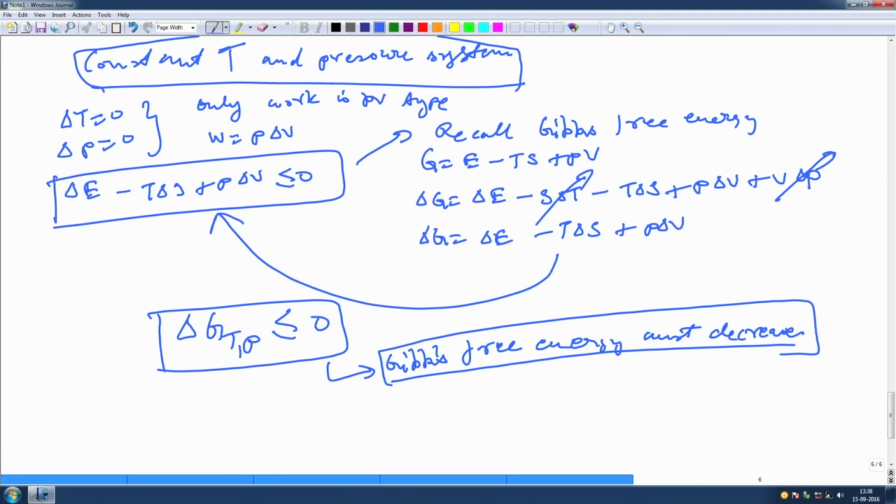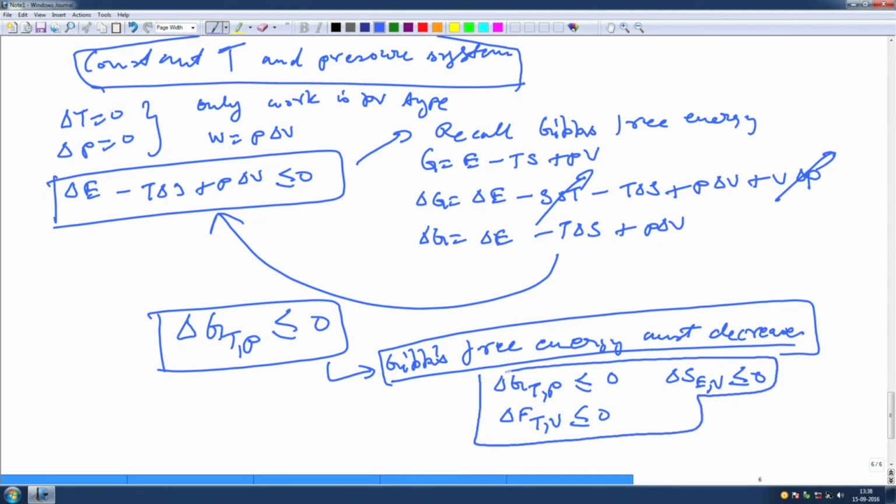However, remember that the equilibrium constraints therefore are given as delta G at constant T, P less than equal to 0, delta F at constant T, V is also less than equal to 0, delta S at constant E, V is less than equal to 0. Okay. Similarly, you can show it for other types of systems as well, and we are not going to do that, but we can show the other equivalent statements.